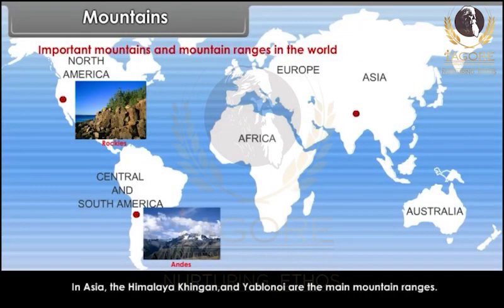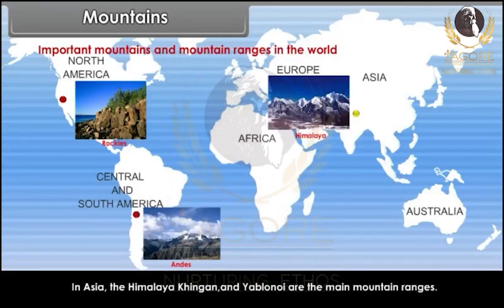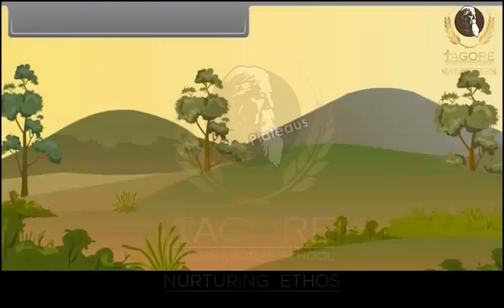In Asia, the Himalaya, Khingan and Urals are the main mountain ranges.